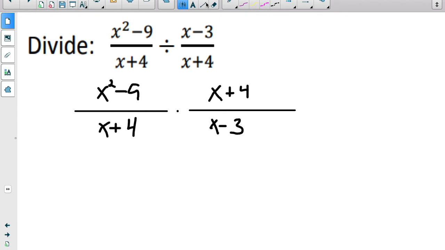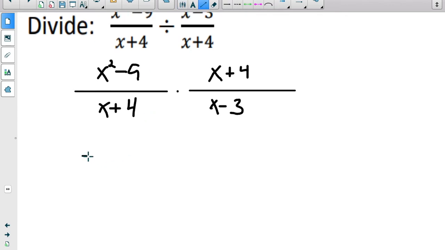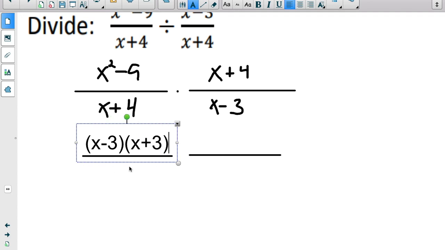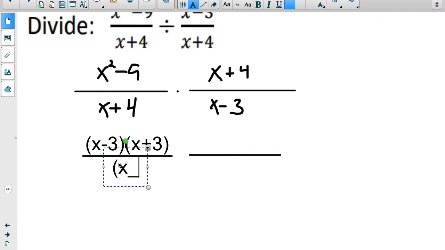Now we can factor anything that needs factoring, and there's one thing that needs to be factored. X squared minus 9 is a difference of perfect squares, which would give us x minus 3 times x plus 3 on top. On bottom here, we would have x plus 4.